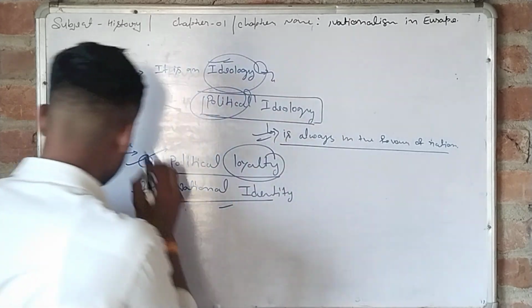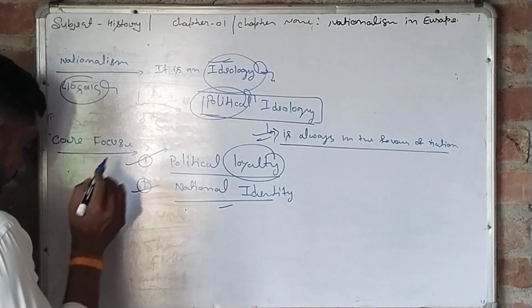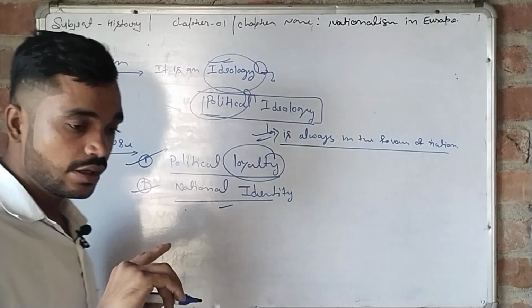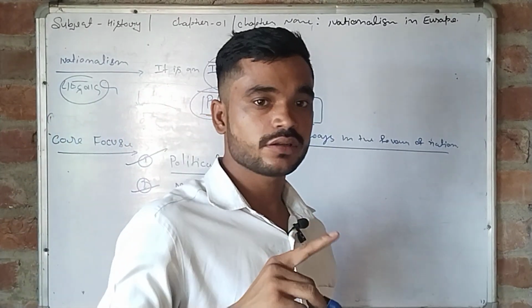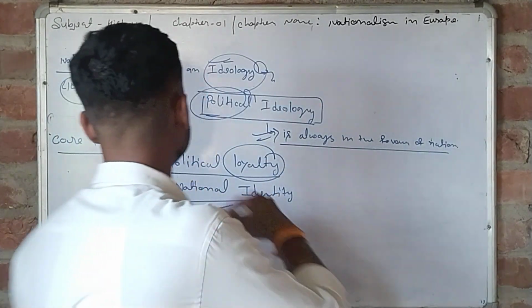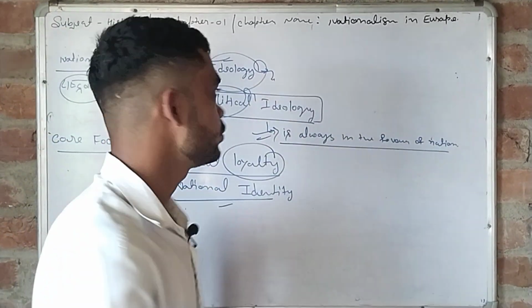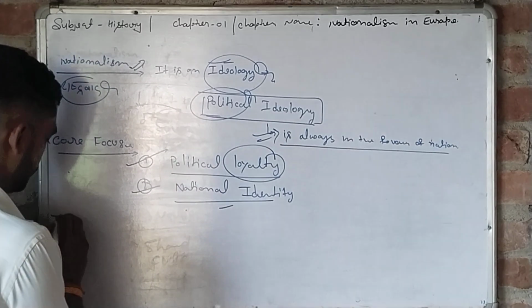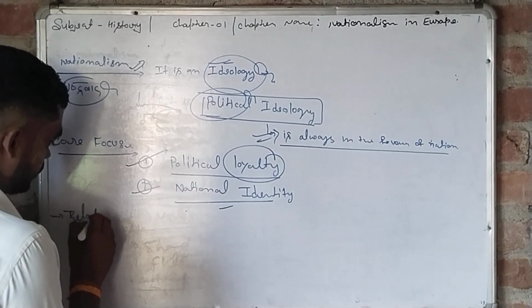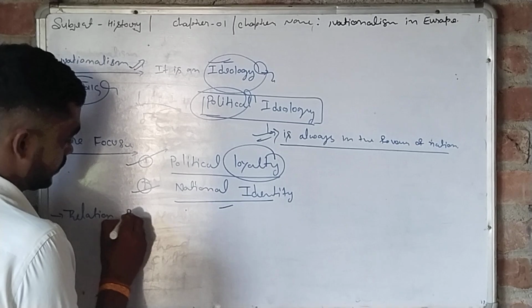After this, we have to discuss the ideologies which influence nationalism. वे सभी विचारधाराओं के बारे में हम डिस्कस करेंगे जो राष्ट्रवाद को प्रभावित करते हैं. The relation of other ideologies with nationalism.